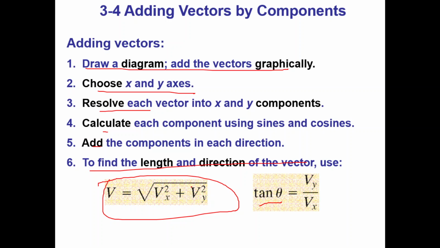To find the length of the vector, it's easier here: we use the Pythagorean theorem, c squared is equal to a squared plus b squared.